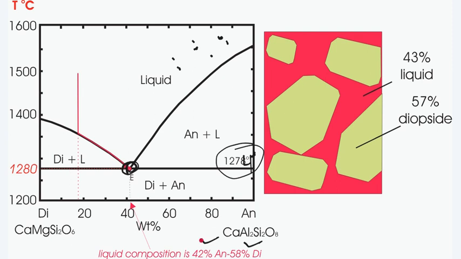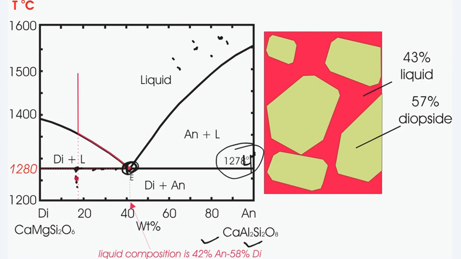The liquid composition now reaches 42 and 58. So at this point, it will completely crystallize. The rest of the liquid, that is 42% of anorthite and 58% of dioxide, will crystallize at this temperature, 1274 degree.